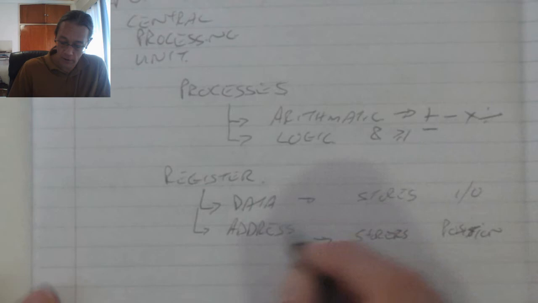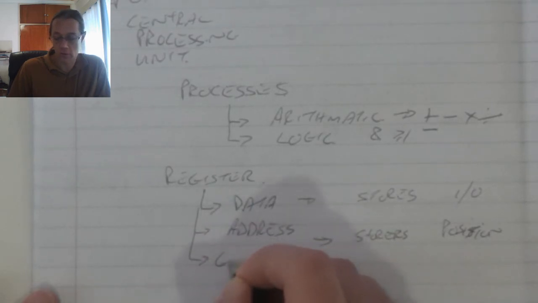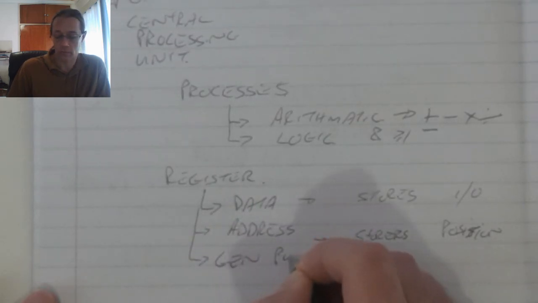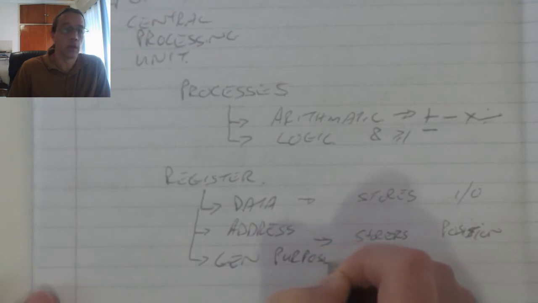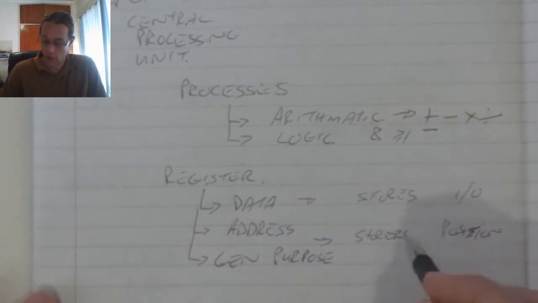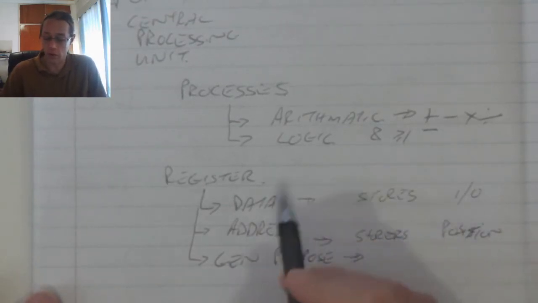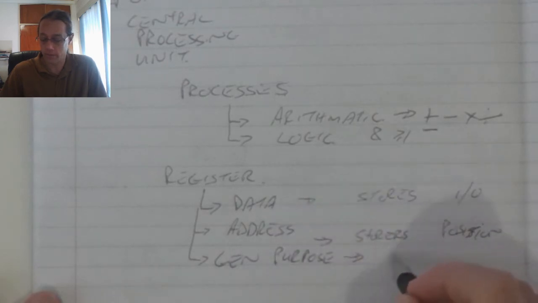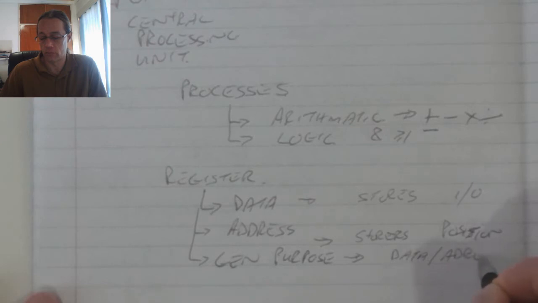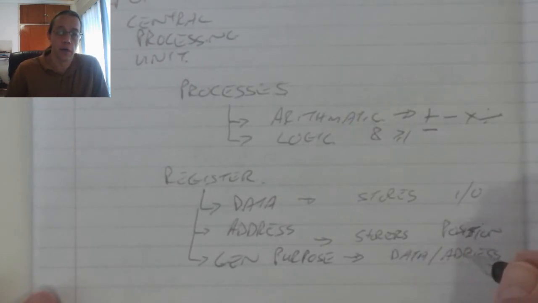Then there's the general purpose registers, which can be used to either store data or addresses, as is required.